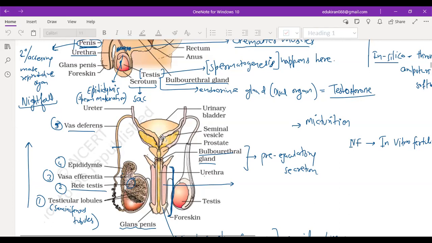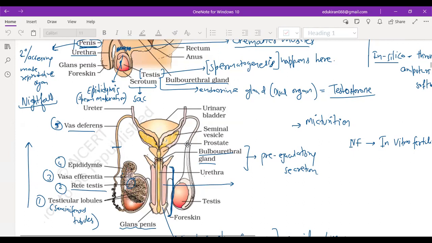So in males, the urethra serves a common purpose for the passage of urine and sperms. So the ducts are: rete testis, vasa efferentia, epididymis, vas deferens, and urethra.